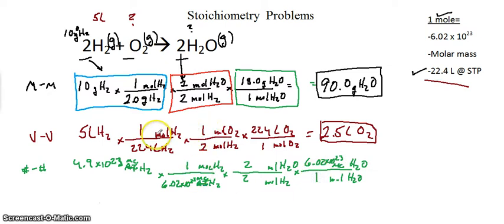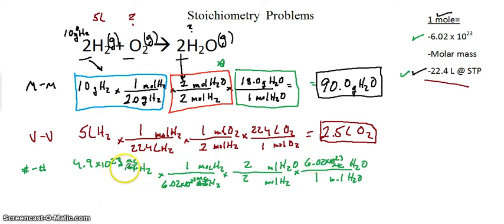And again, just like here, notice my conversions for this and this are always going to cancel each other out. So if you are given atoms or molecules and ask for atoms or molecules, really all you need is the molar conversion. If you're given liters and ask for liters, as long as you're at the same temperature and pressure, your conversions there will cancel out.